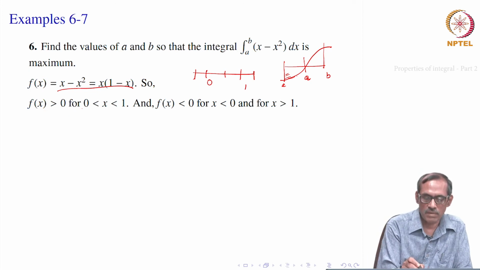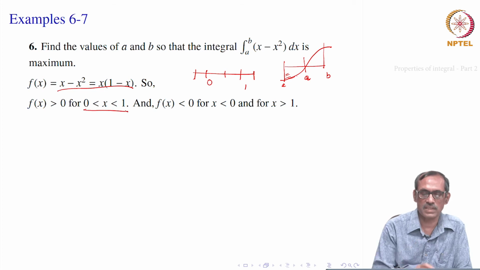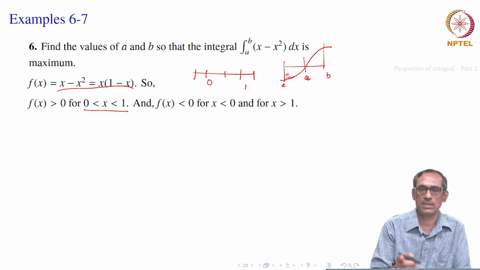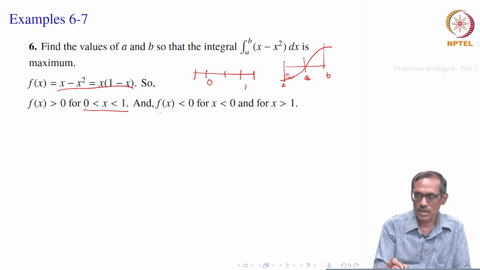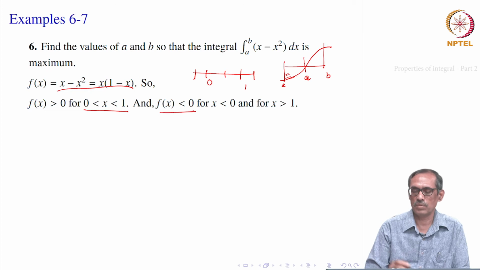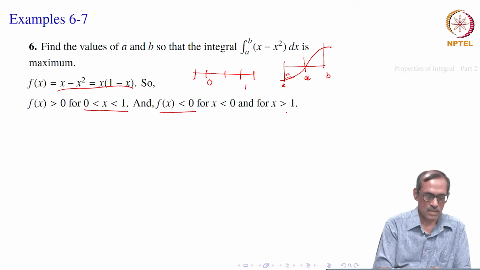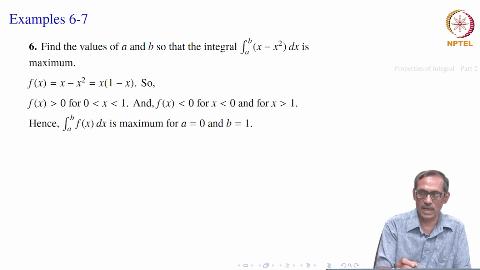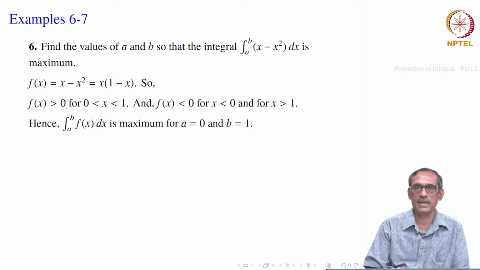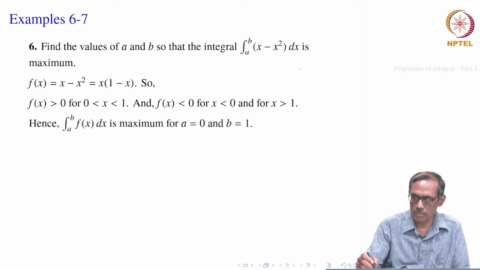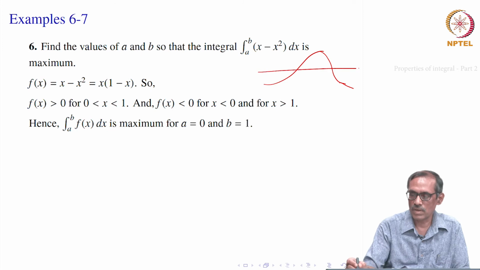So, what we observe is that for 0 less than x less than 1, f of x is positive, otherwise it is negative, that is, for x less than 0 and for x bigger than 1. Since we want this integral to be maximum, we should find out where it is positive. The picture would look something like this, not exactly, but like this.